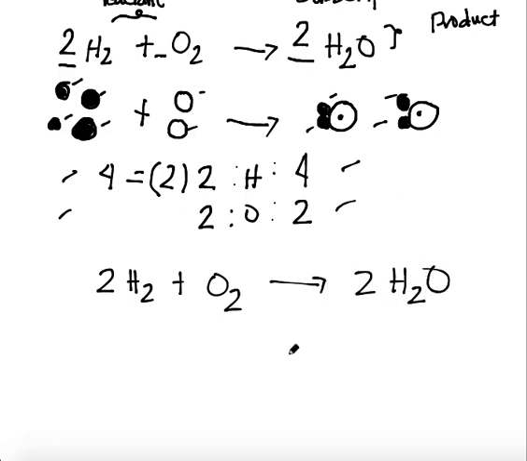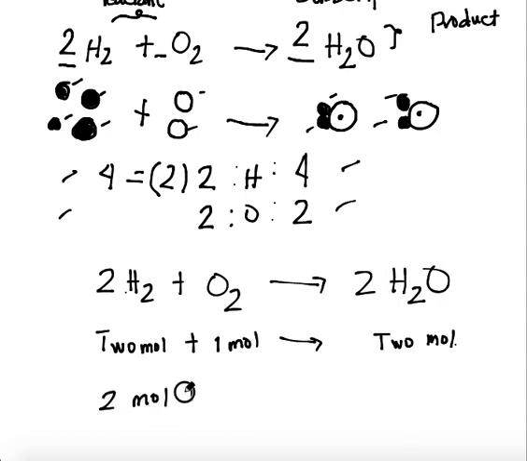In terms of their molecules, we have two molecules of hydrogen plus one molecule of oxygen will give us two molecules, right? So meaning to say, we have 2 mole plus 1 mole will also give us 2 mole, right?